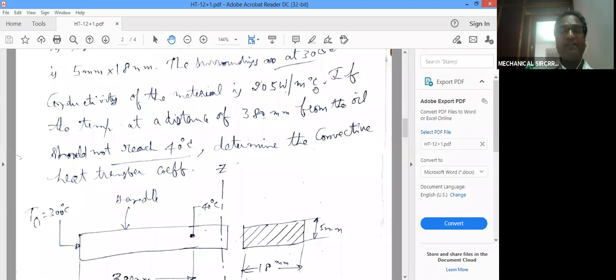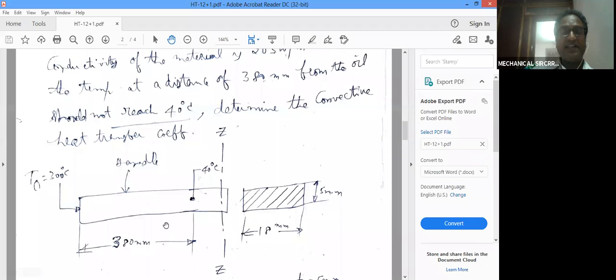So K value is 205. The length of the fin you can take as 380 mm. The temperature at a distance of 380 mm from the oil should not be more than 40 degrees centigrade, because you are handling this handle.